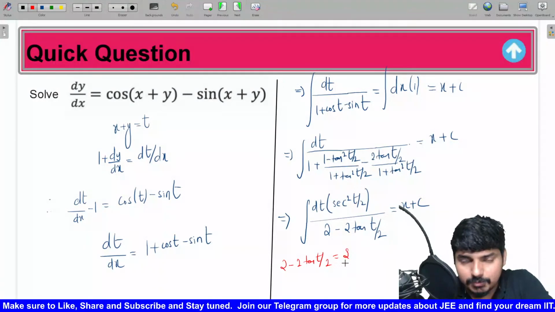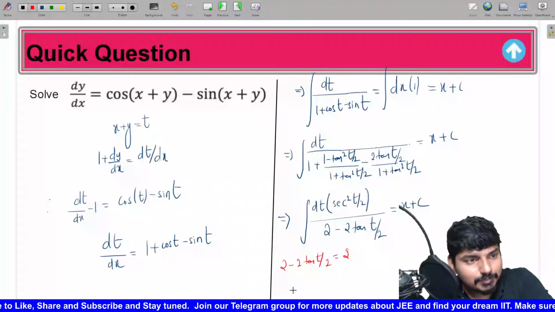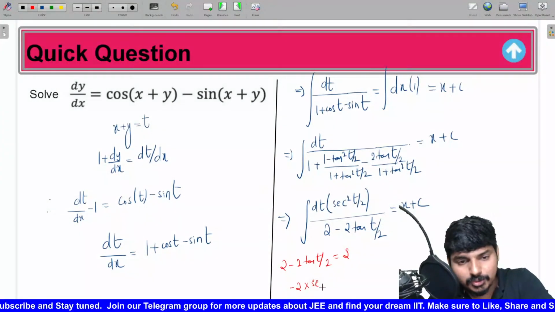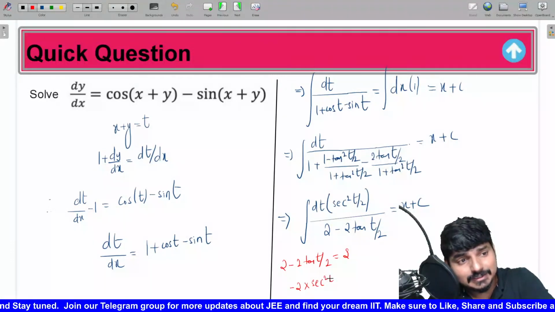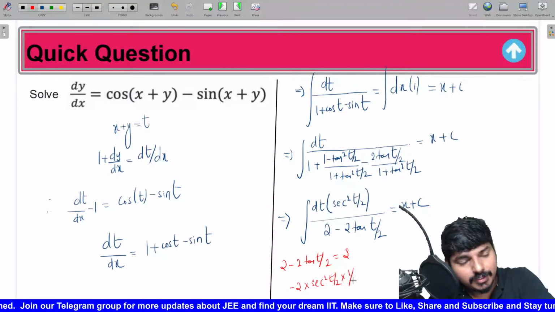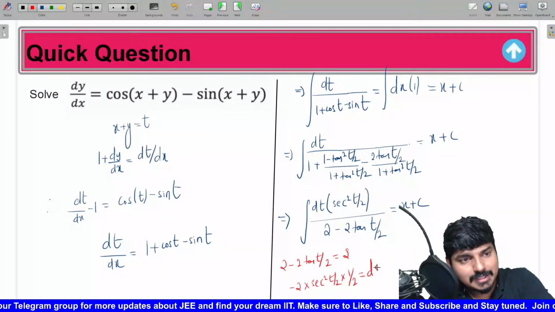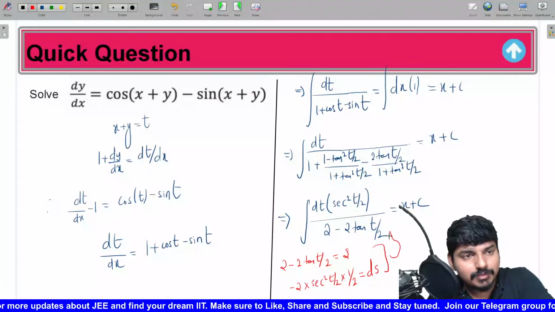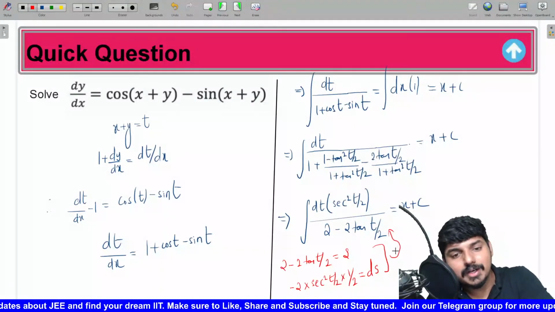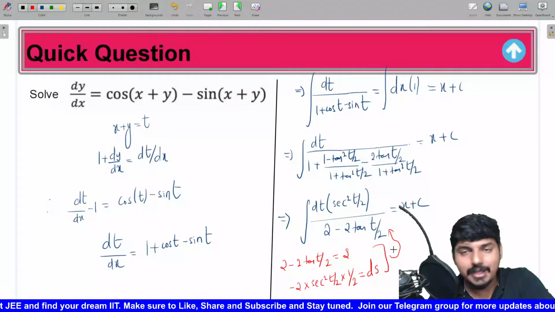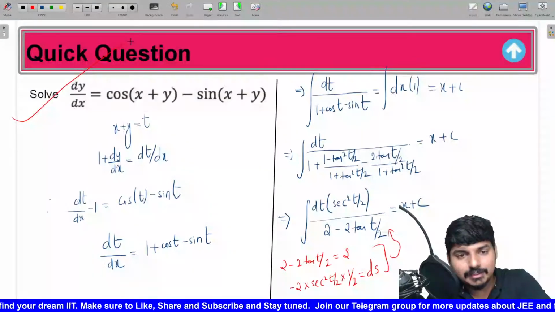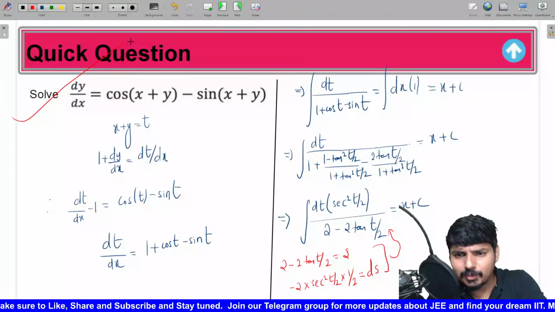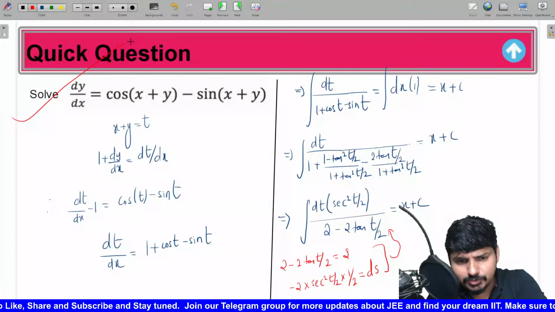If you differentiate on both the sides, you end up getting minus of 2 tan t by 2 differentiation, which is going to be secant square t by 2 into 1 by 2, and that is going to be ds. And if you apply this modification to the above integral, you are going to get a standard integral for which you can apply the formula and you are going to get the answer. So guys, the rest of the simplification part you can do it later on. Okay, but I hope the question is clear for you, everyone.